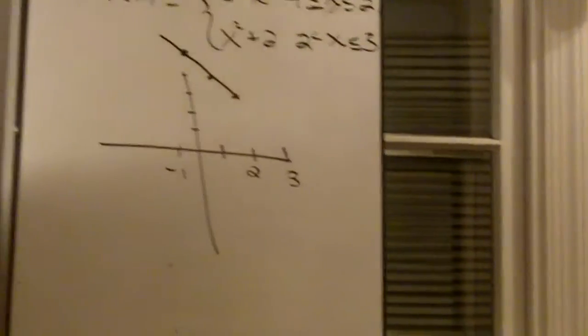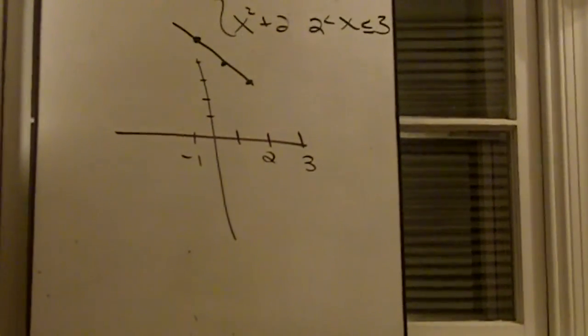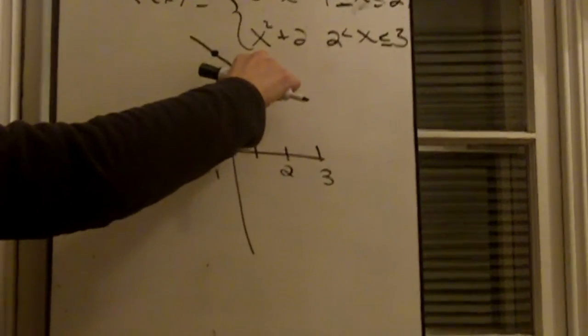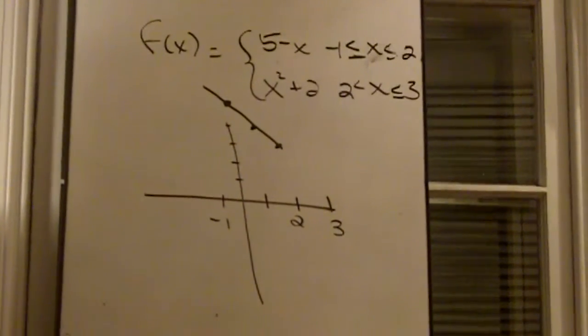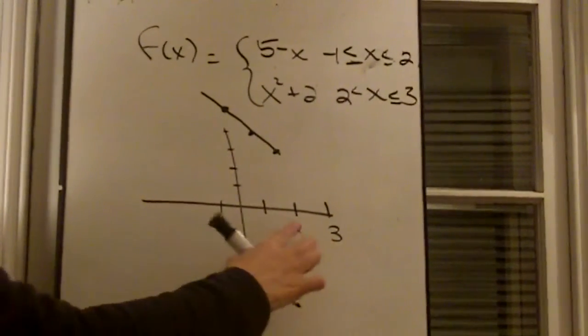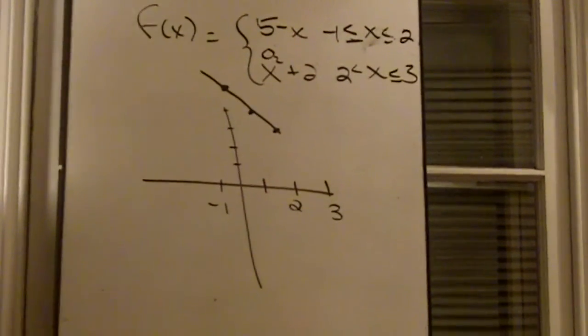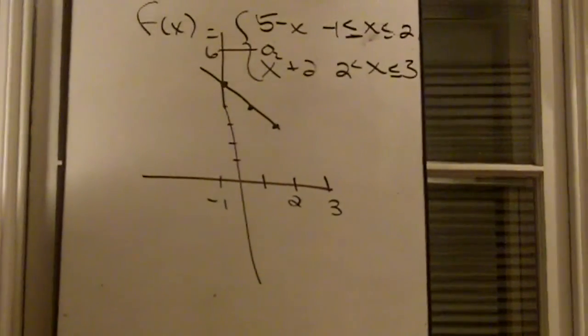If we included it in the first part, it becomes a parabola, x squared plus 2. If I plug 2 into this value here, I get 4 plus 2, that's a value of 6. Well, that means this parabola starts way up here at a value of 6 on the y-axis.